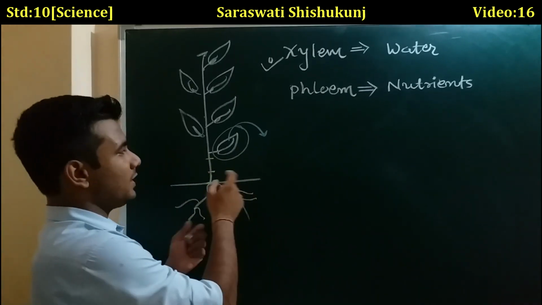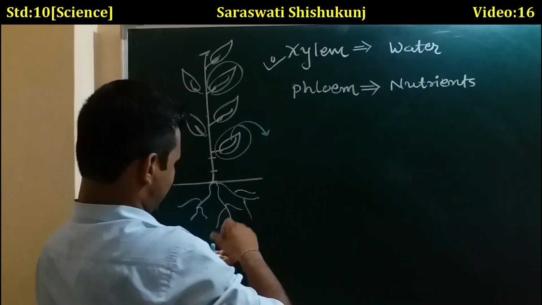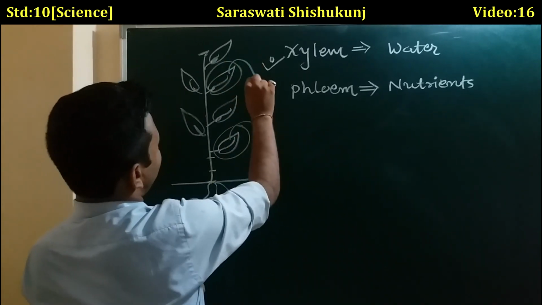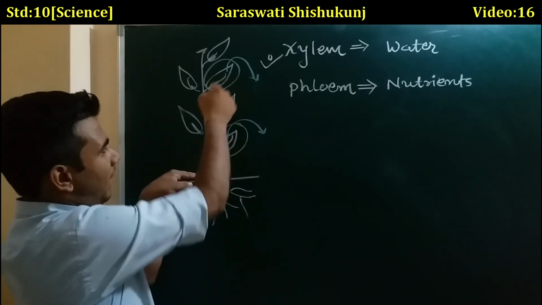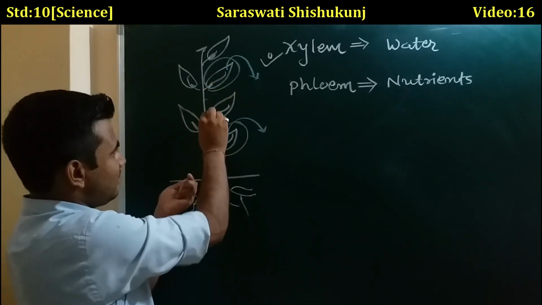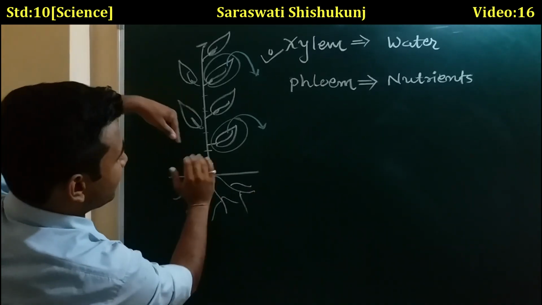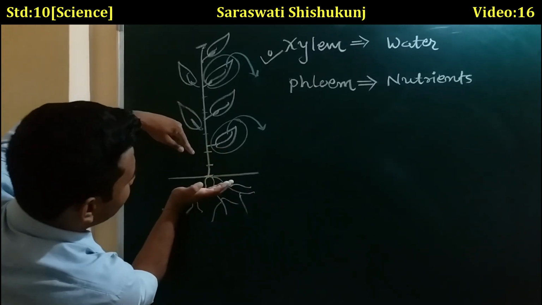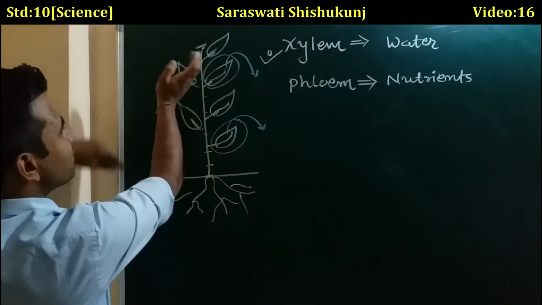Now what happens when water evaporates out from the leaves? In the leaves and at different parts, a pressure difference is created, and due to this pressure difference, water will lift upside; it will get a pull in the upward direction.